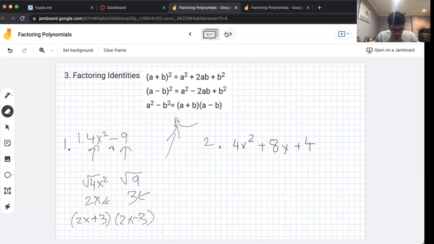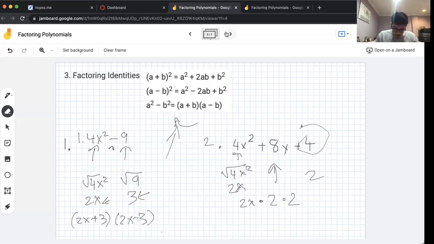For this next one, we have an A term that is also a perfect square, 2x. And we also have this B term right here, which is also a perfect square, 2. Now, we have to see if we can write it as A plus B quantity squared by checking if the A term times the B term times 2 is equal to this middle term.